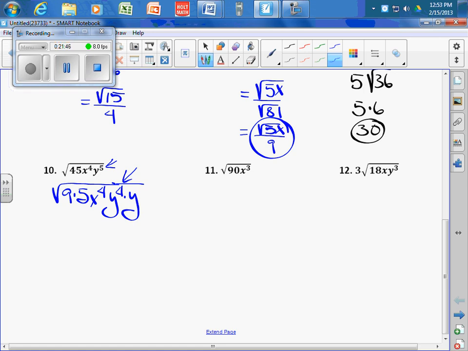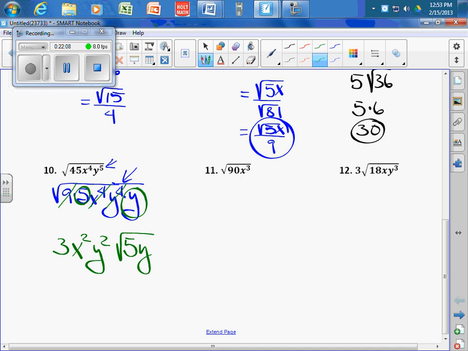All right, so what are all these simplified? Well, the square root of 9 is 3. The 5 stays behind. The square root of x to the 4th is x squared. The square root of y to the 4th is y squared. The y stays behind, so we have 3x squared y squared, radical 5y.